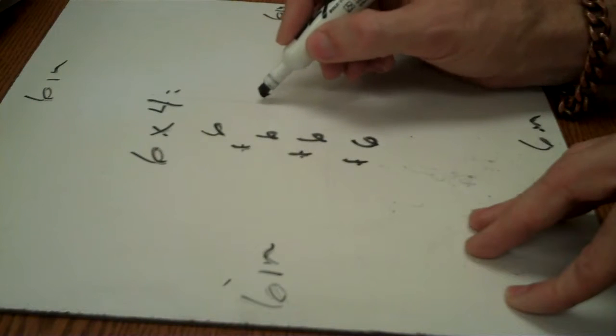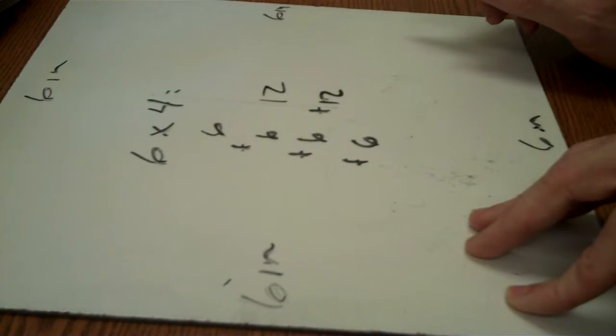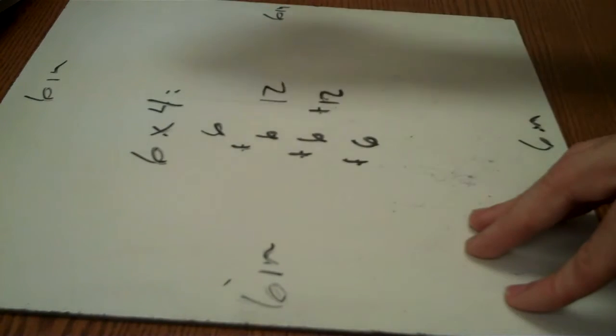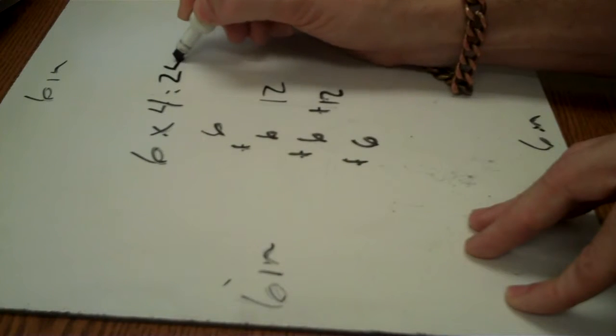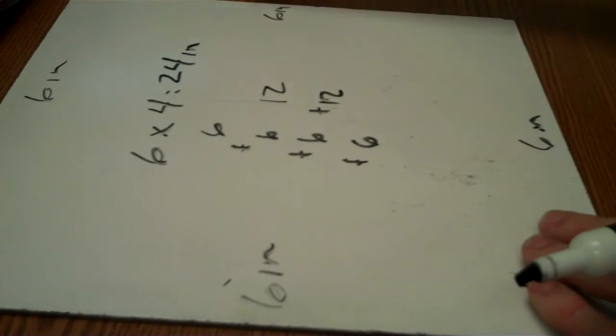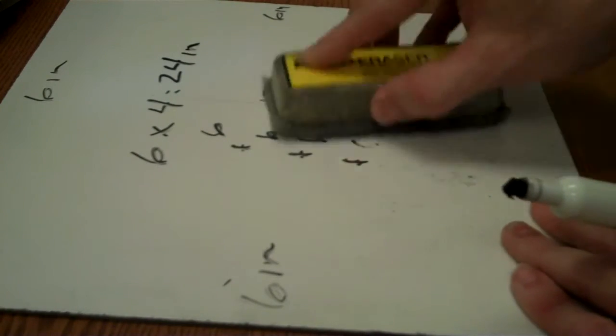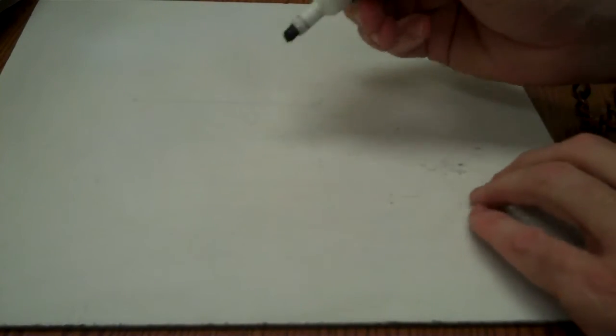You can do 12 plus 12, but probably the 6 times 1, 2, 3, 4 sides to this square. 6 times 4 is 24, and then I want to be sure and put in the inches in there for my answer. So a couple of different ways to do it, but as long as you add up the numbers in the perimeter, put the identifier after that, you should be in good shape.